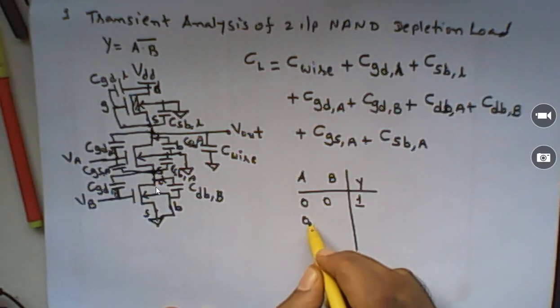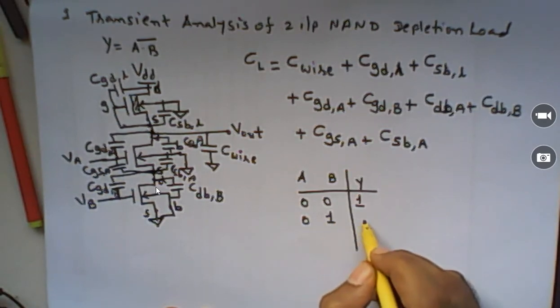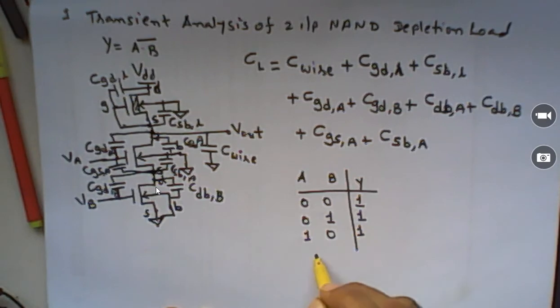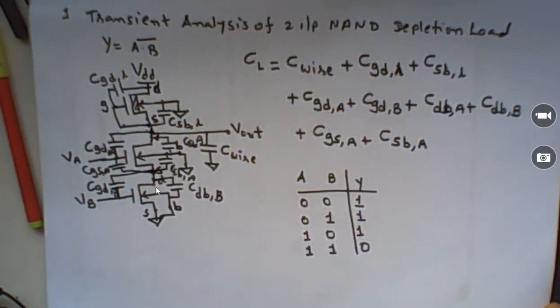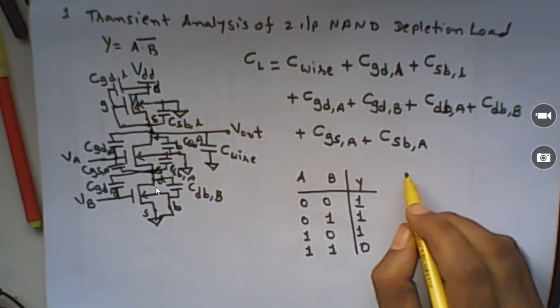When input B goes 0 to 1, the output is still 1, and for 1 and 0, the output is also 1. When both inputs are 1, 1, the output is 0. So let's see the propagation delay time of low to high in the two cases.